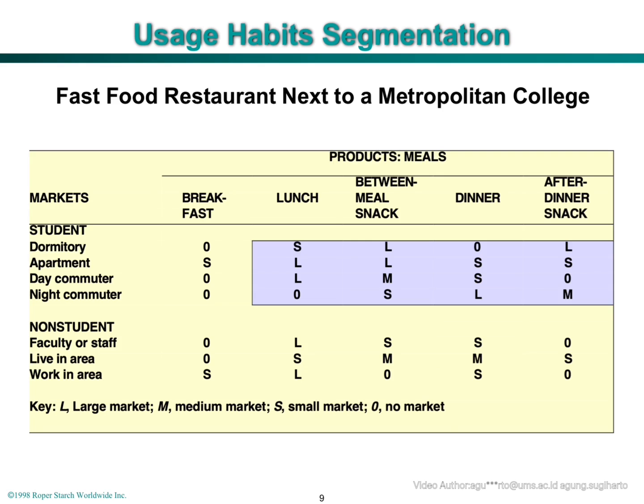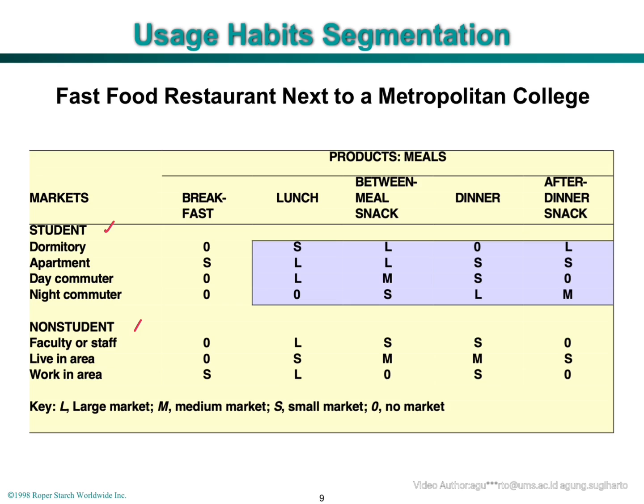Okay, we have another example here: a fast food restaurant in a metropolitan college. How did they segment their market by usage habit? You notice here they divide the market into student and non-student.